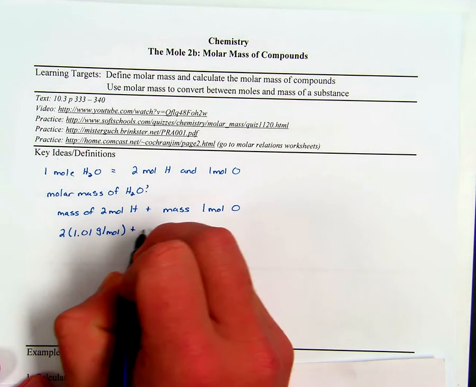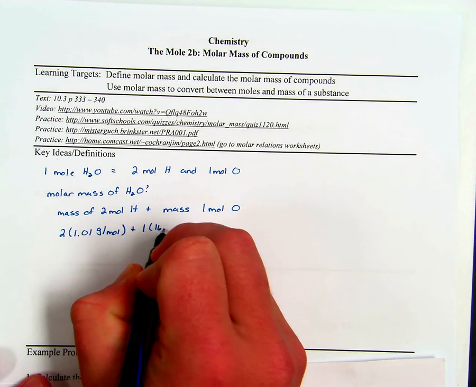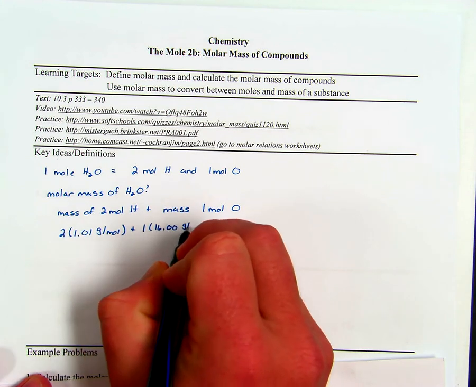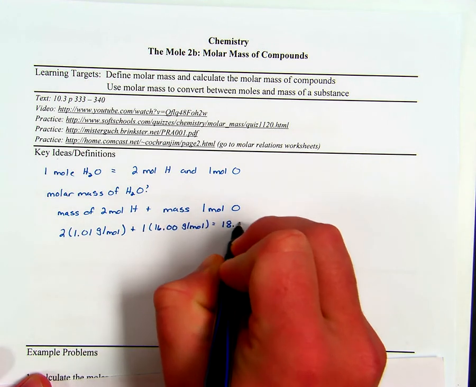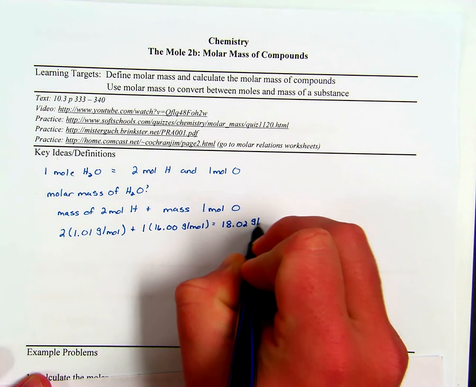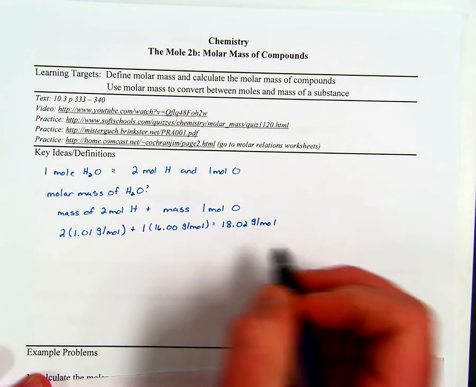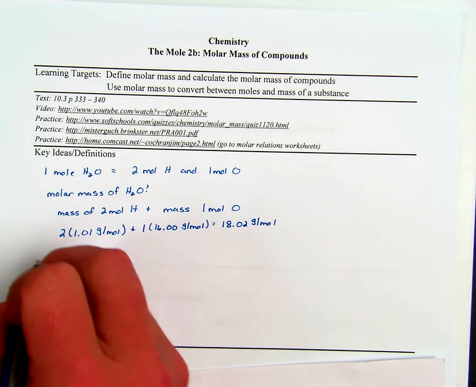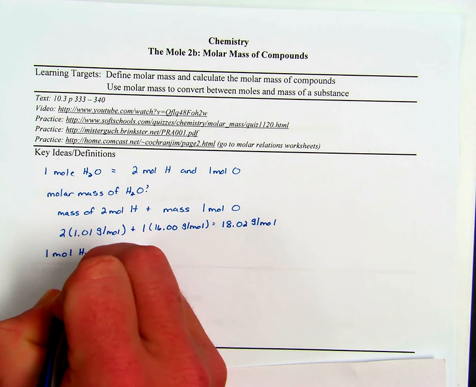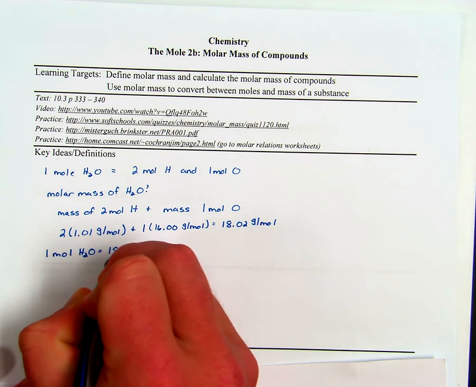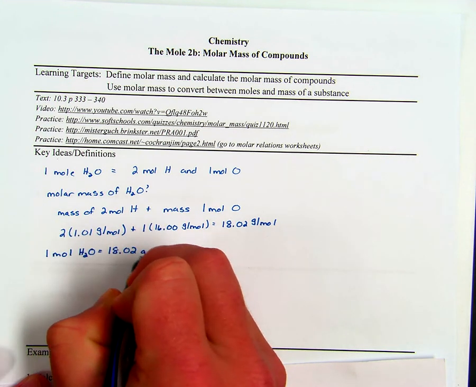So plus 1 times 16.00 grams per mole, and this is going to give you 18.02 grams per mole. So to answer the question, what is the molar mass of oxygen? Or excuse me, not of oxygen, of water. 1 mole of water has a mass of 18.02 grams.